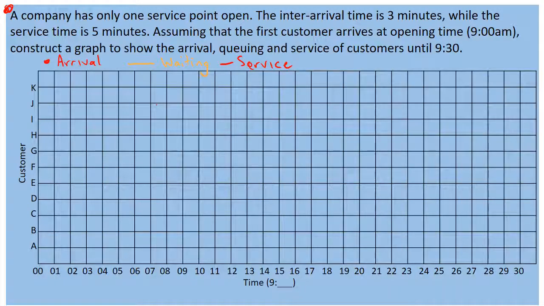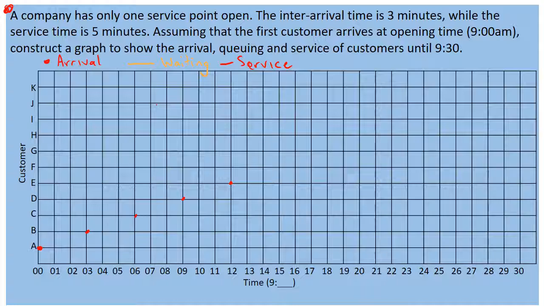So let's first of all consider the inter-arrival time. So we're going every 3 minutes, and I want a little red dot. So let's assume that customer A turns up straight away. Then at 9:03, customer B turns up. And then at 9:06, customer C, 9:09, D, E is 3 minutes later.